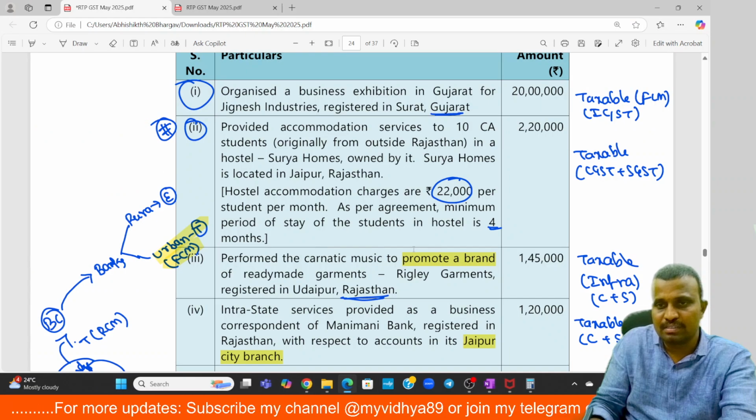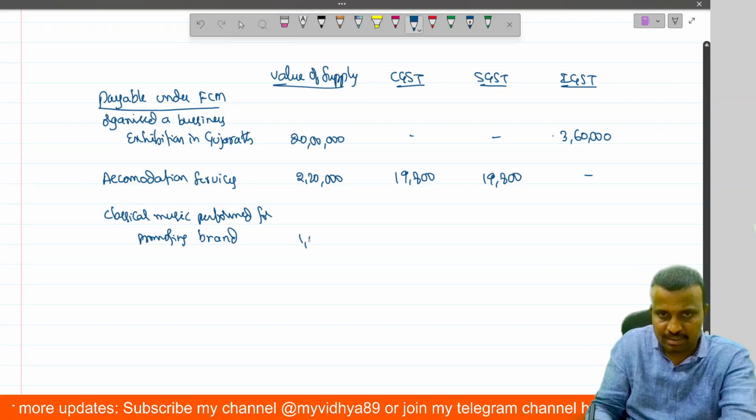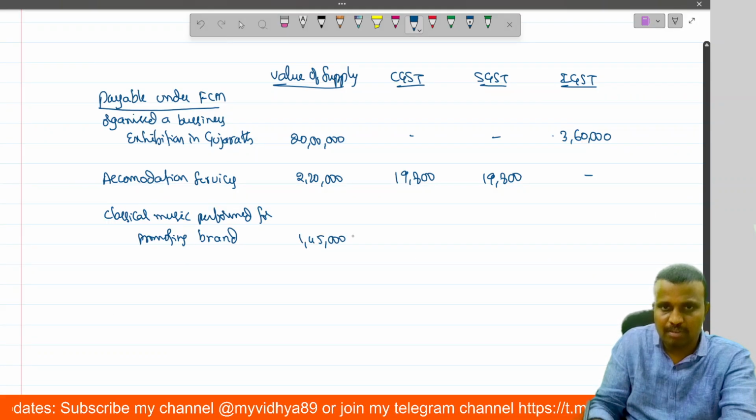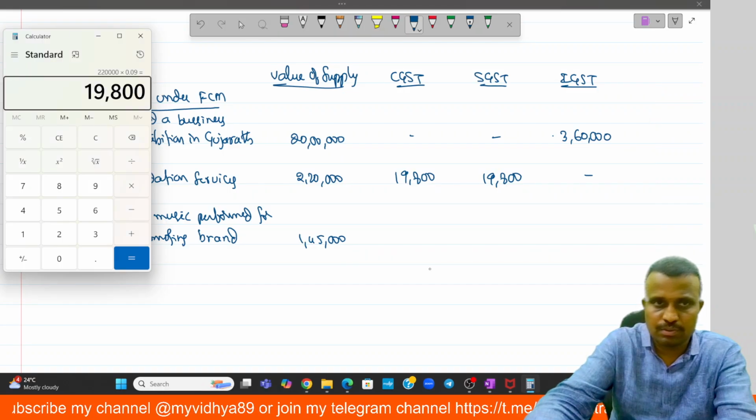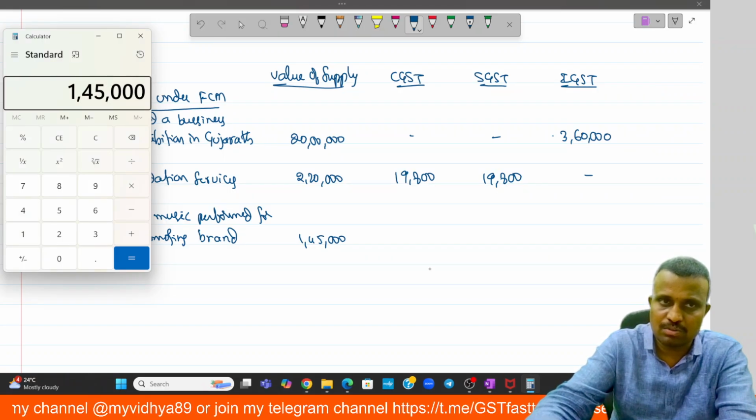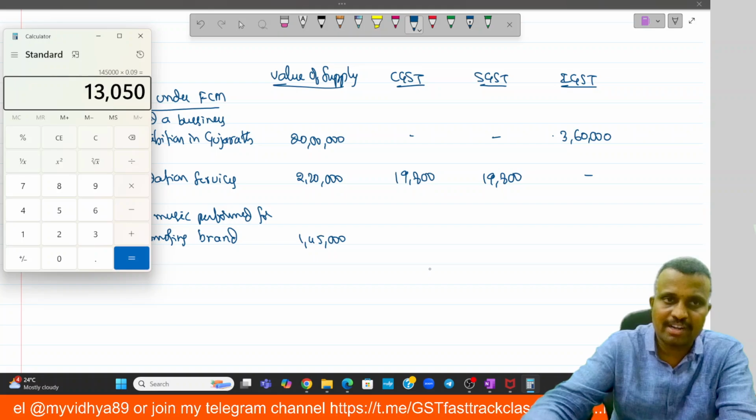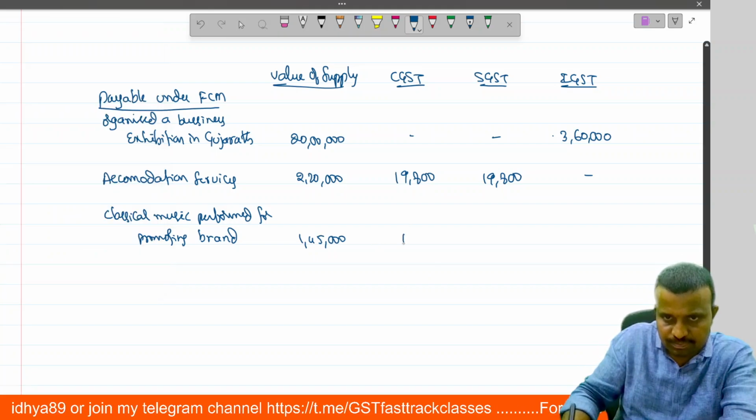How much amount? 1,45,000. So 1,45,000 into 0.9%, 13,050.